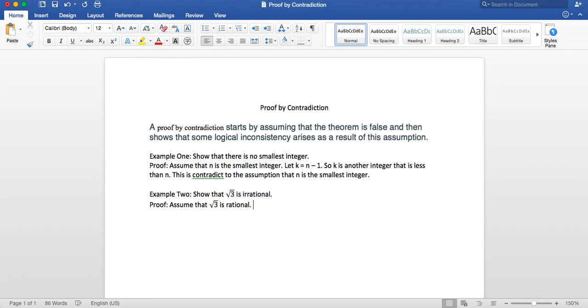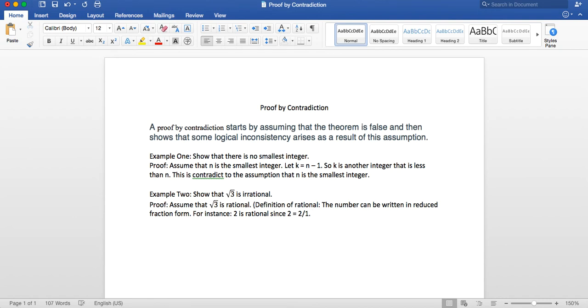So we need to review the definition of rational, which is a number that can be written in reduced fraction form. For instance, 2 is rational since 2 equals 2 over 1, right?